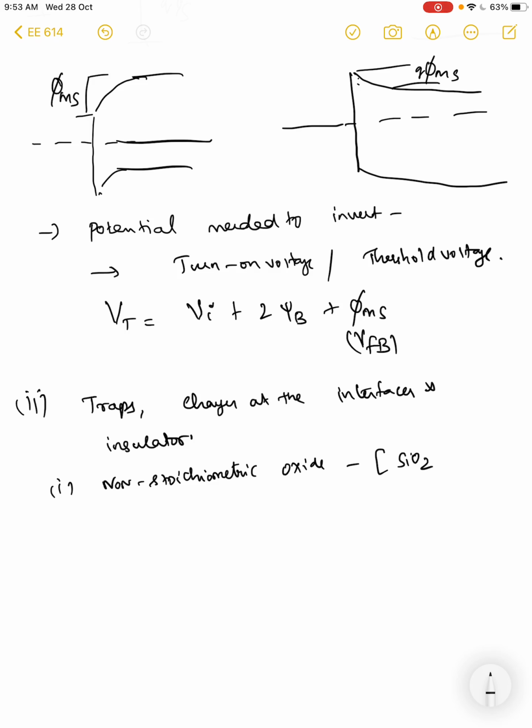You typically have SiOx, where x varies from 1 to 2. So basically you have certain places where you have a missing silicon. So all these things will lead to what is called oxide trap charges.